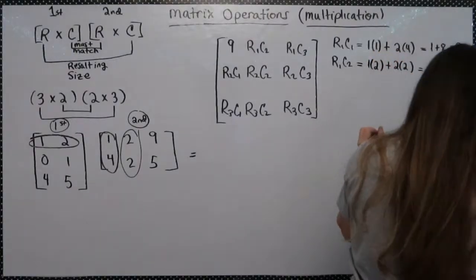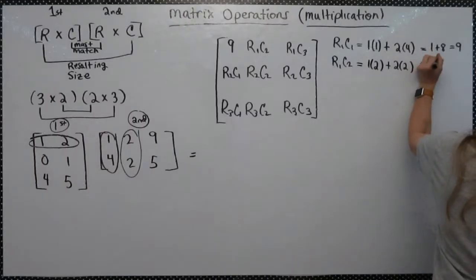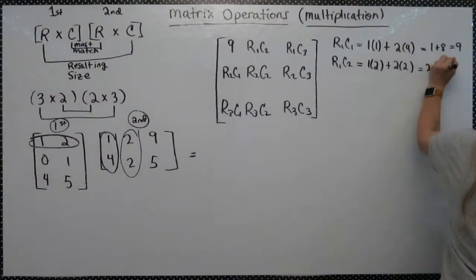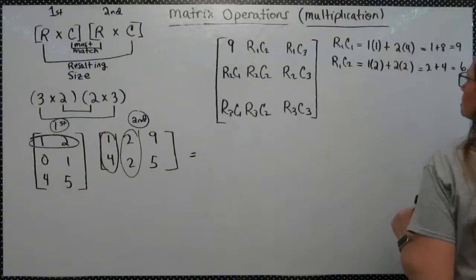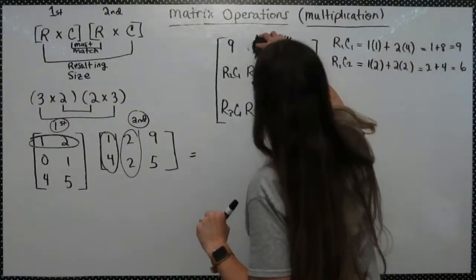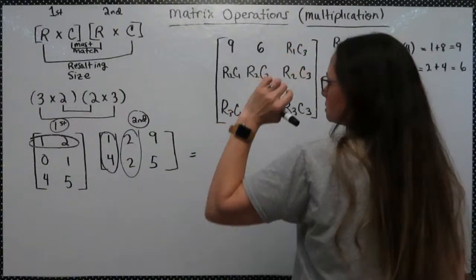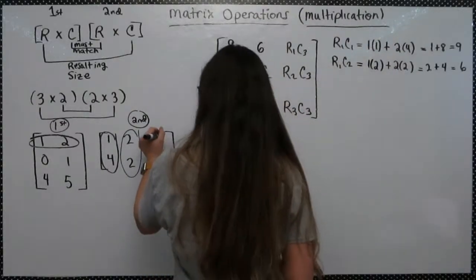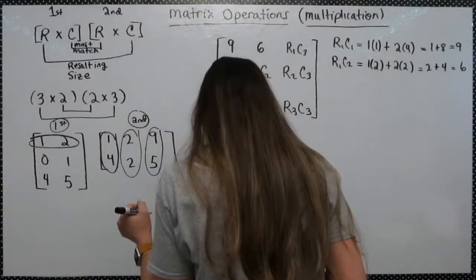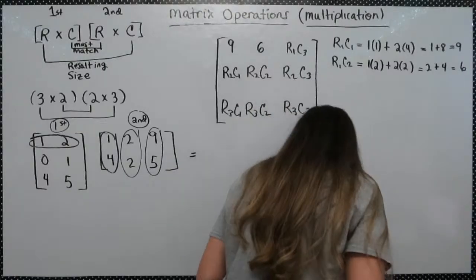One times 2 is 2, and 2 times 2 is 4. So that's going to give me 6. And then row 1, column 2 gets replaced with 6. And then we'll do the third one. We'll say row 1, column 3.